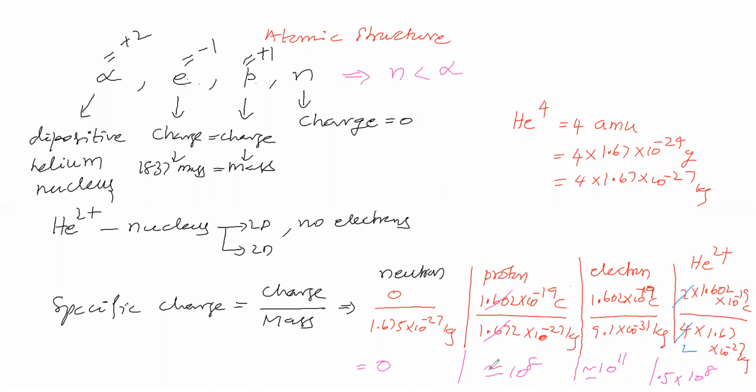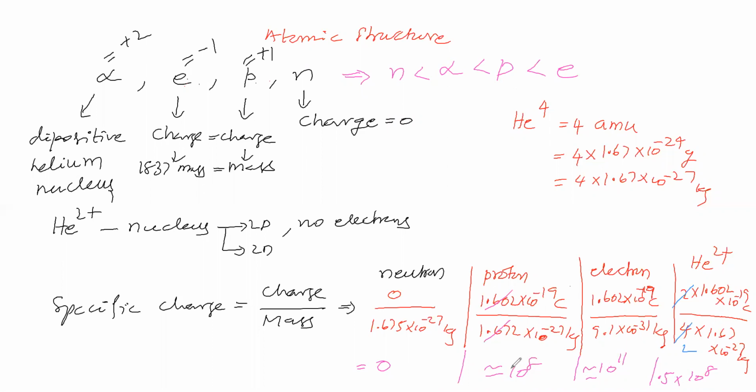Still higher, this proton. Still higher, this electron. That is the order of specific charge for these particles. Here proton and alpha: here 0.5 is there. Therefore alpha is having low, proton is having high.